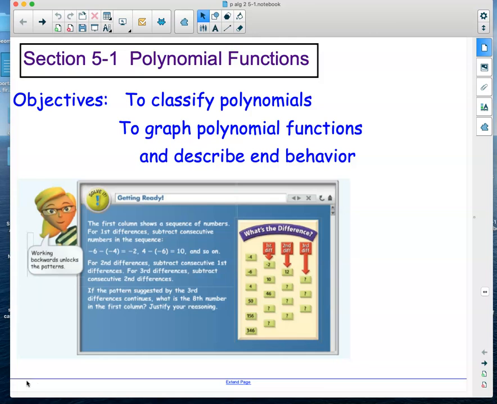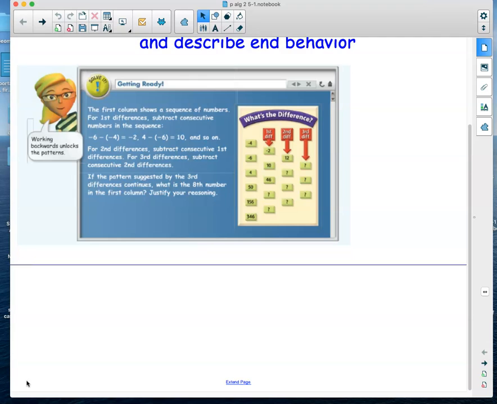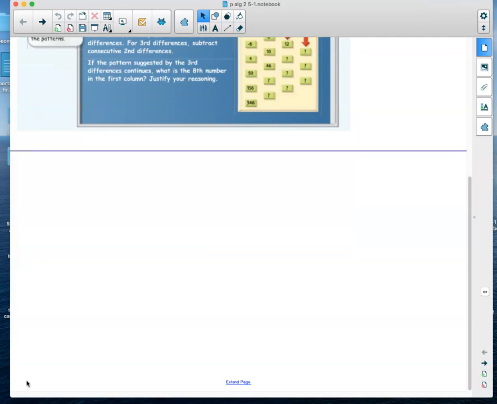But if we do it twice, we might see that they're all the same. Sometimes we have to do it 3 times, and then we see that they're all the same. And what that does is it tells us which power we should use to write a polynomial that would have all of these points in it. That's a little bit farther than we're going to be talking about today, but we'll come back to that after break and do that subtraction.